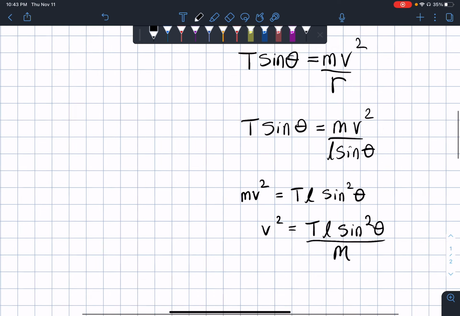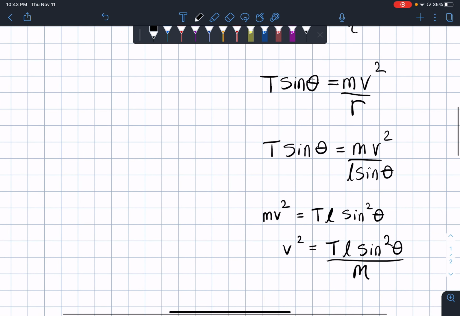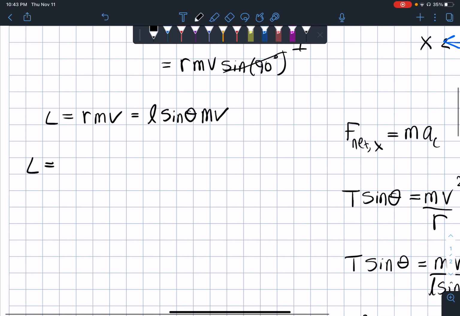So now I have an expression for v squared. So instead of taking the square root and then substituting that into here, I'm actually just going to square everything. So I'm going to square this, and I'm going to square this, which will give me v squared. So I can substitute in.